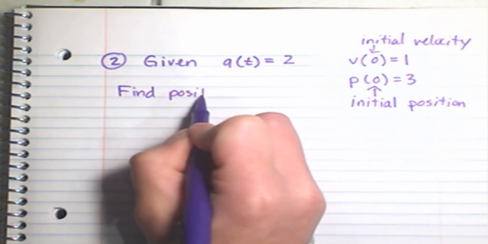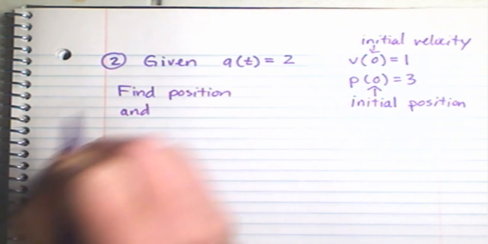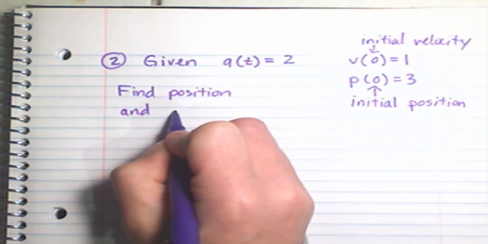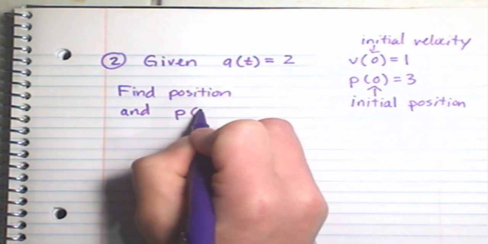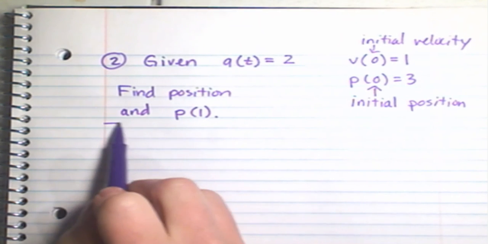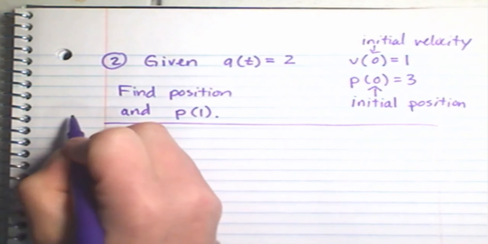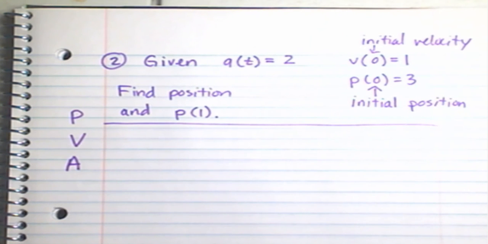Okay, find, here's the question, find position and P of 1. Big questions. I'm going to write my hierarchy down: position, velocity, acceleration.